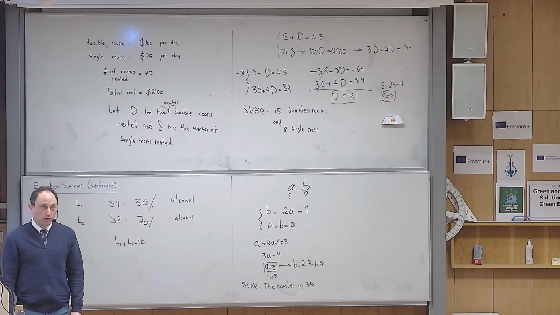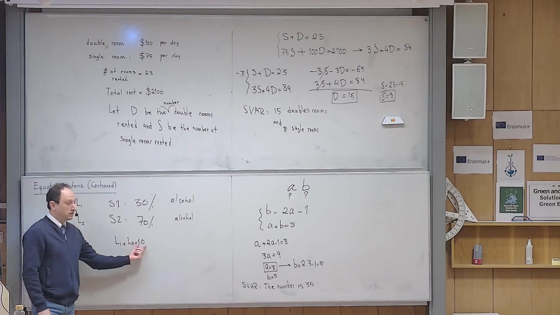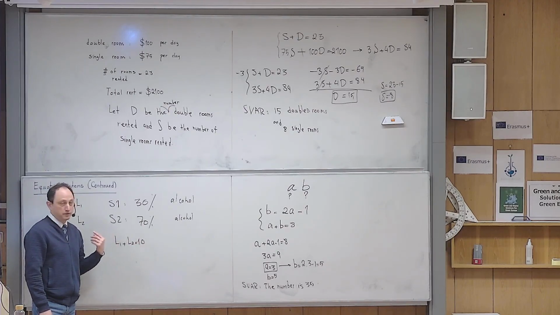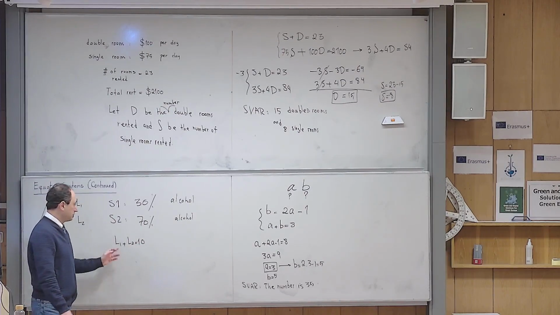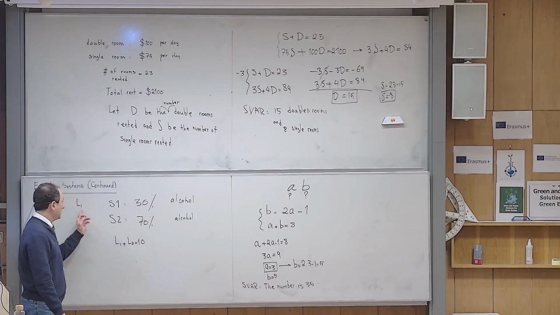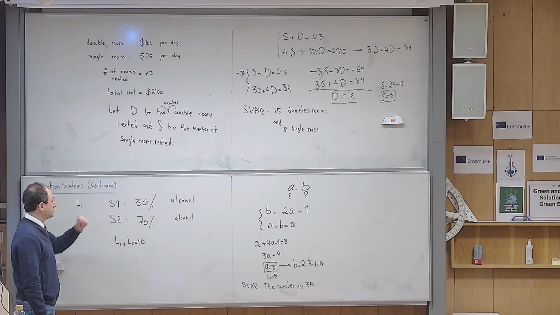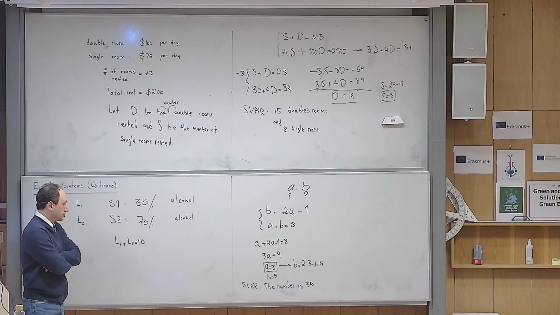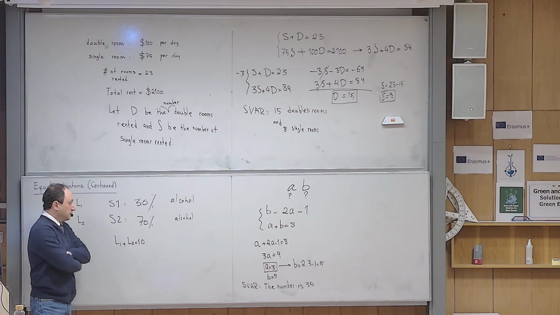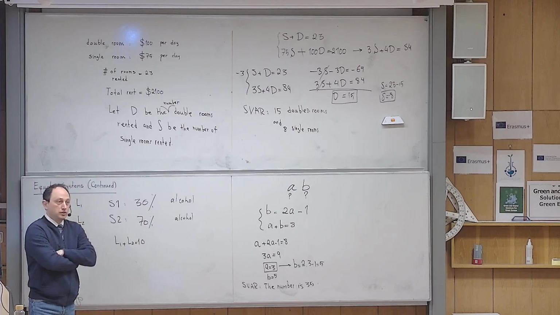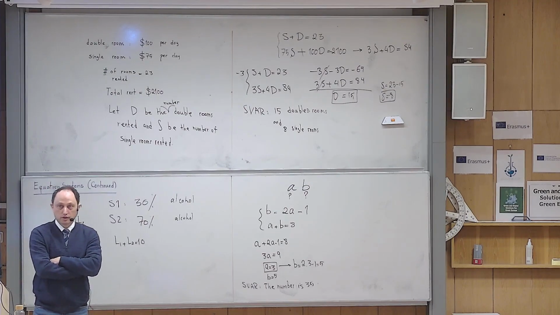But I want the new 10 liters of solution to contain 40% alcohol. So the first one is easy because I choose L1 liters from solution 1, L2 liters from solution 2, so in total it should be 10 liters. But in which proportion should I mix these solutions so that the final solution contains 40% alcohol?